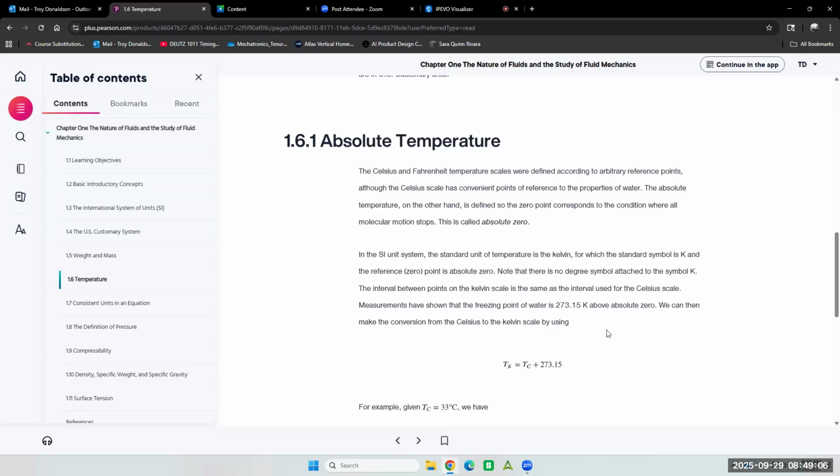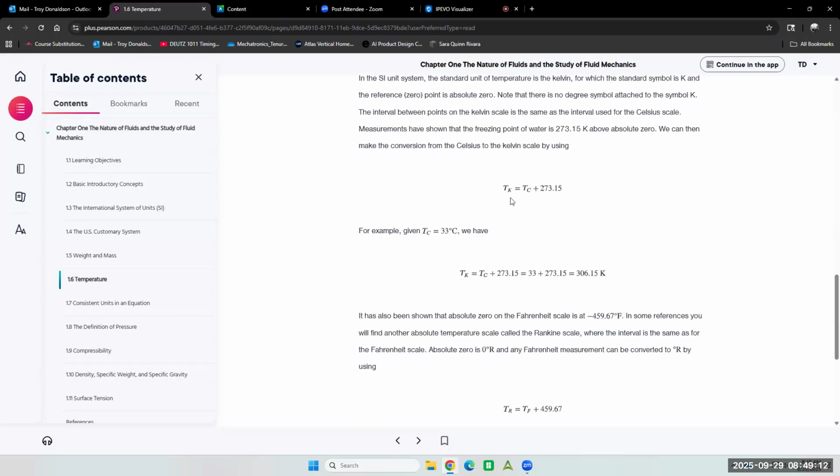So it's just a scale that allows us to go a lot colder. And then the conversion from Celsius to Kelvin is adding 273.15, right? So if you have a temperature of Celsius being 0, then you have 273.15 Kelvin. That's essentially the difference.